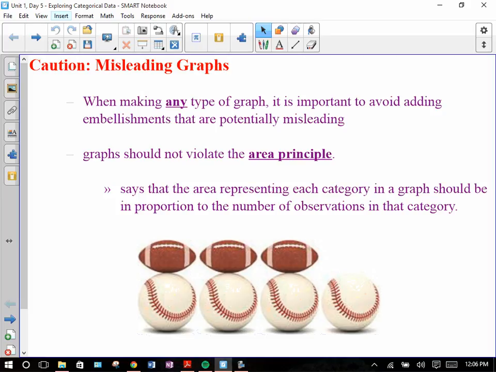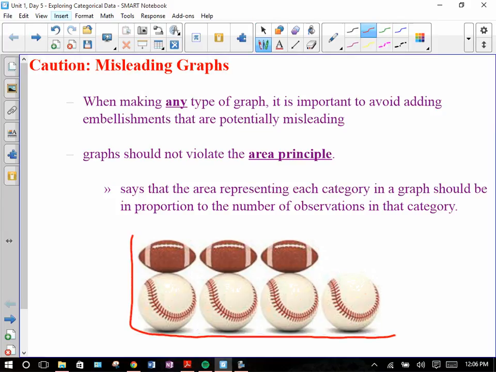So if we were to think of this as sort of a horizontal picture chart, 3 people choosing football, 4 people choosing baseball, you have your graph. Right? The issue here is that the footballs don't take up the same amount of space as the baseballs.